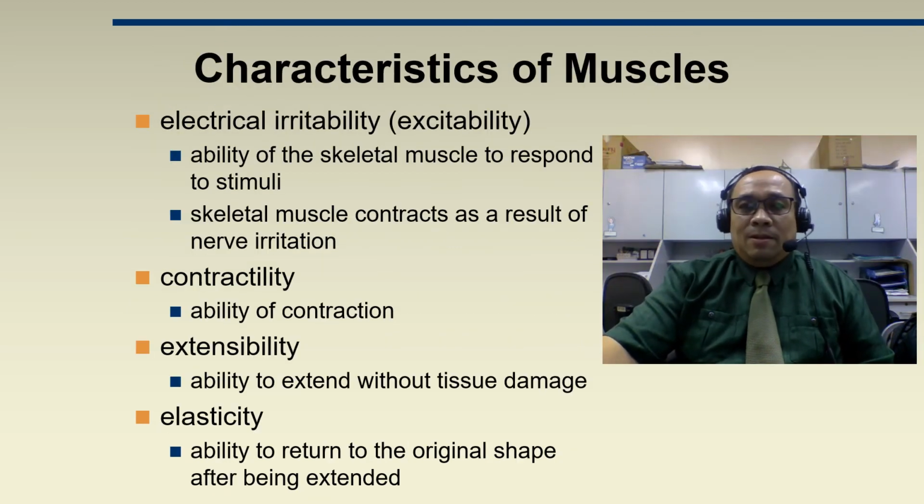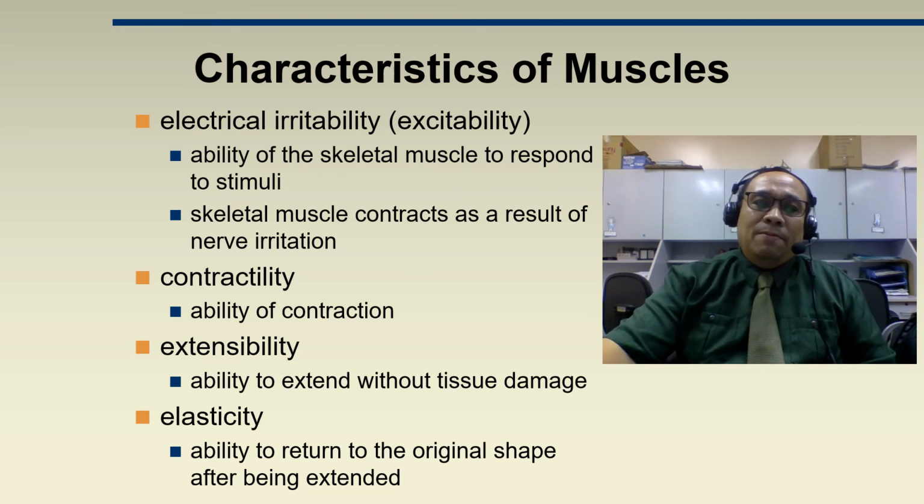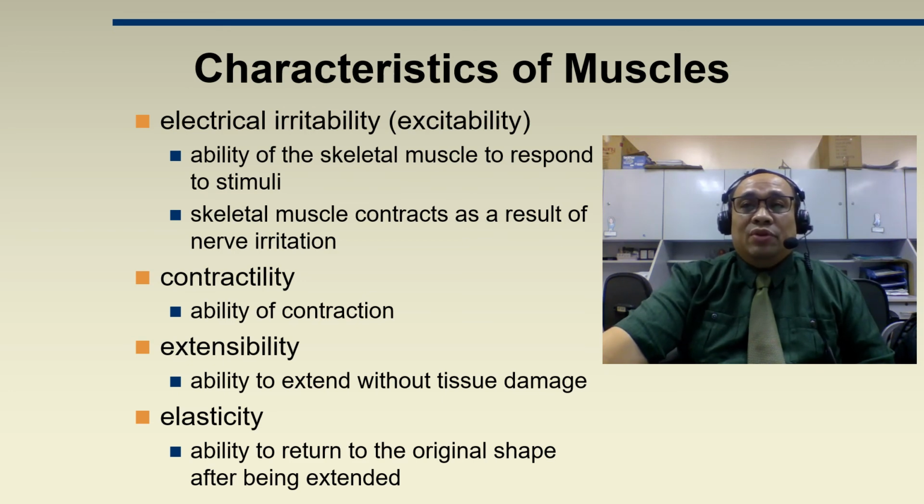Okay, so what are the other characteristics of muscles? They are capable of being excited, their electrical irritability, which is the ability of the skeletal muscle to respond to stimuli. And skeletal muscles do this because they have innervations or nerve supplies that provide the action potential for contractions to occur.